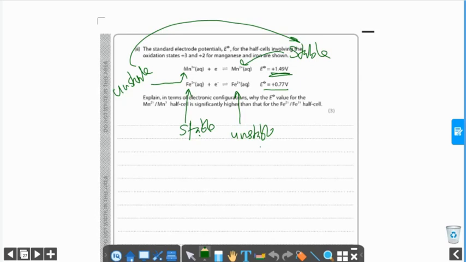Therefore, E theta will be less positive. E theta is less positive.